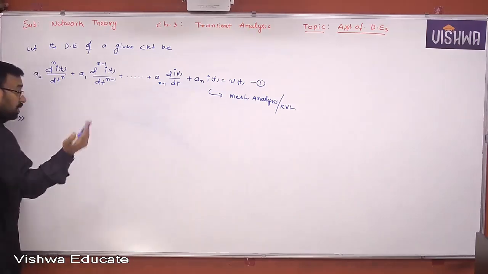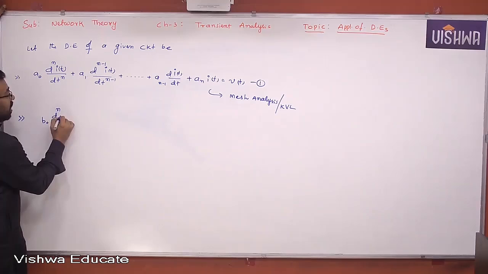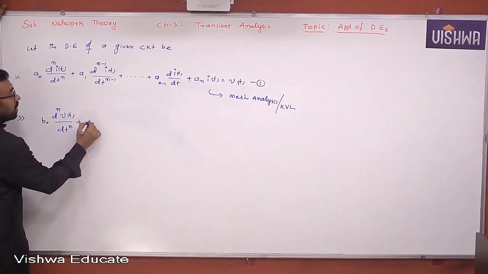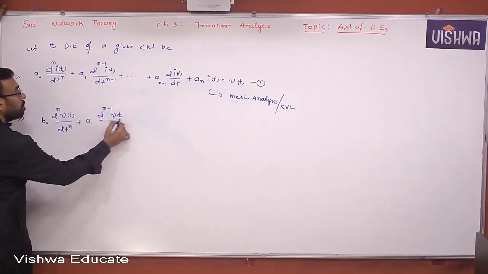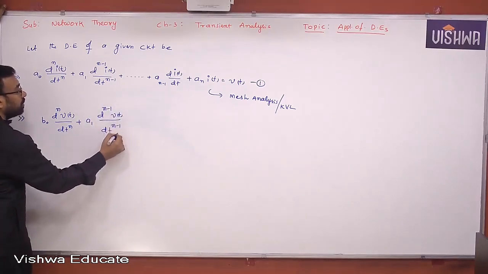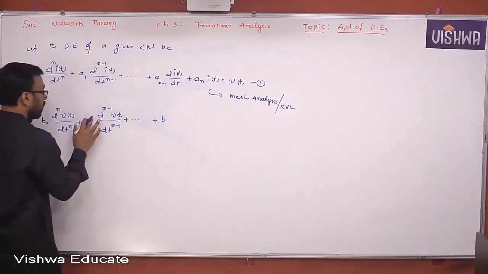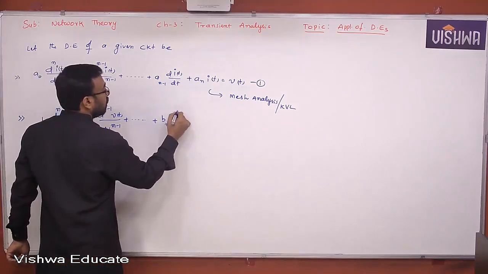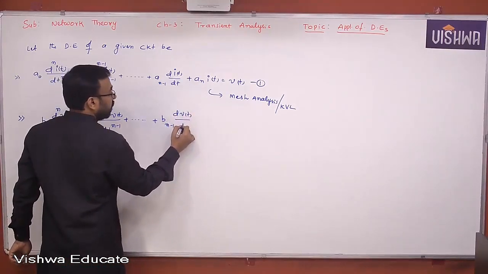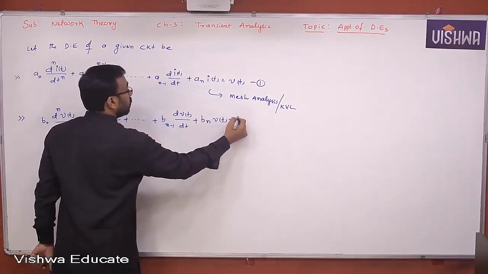Node analysis or KCL. So I can say B naught d power n v of t by dt power n plus B1 d power n minus 1 v of t by dt power n minus 1 plus and so on, B n minus 1 dv of t by dt plus Bn v of t is equal to I of t.